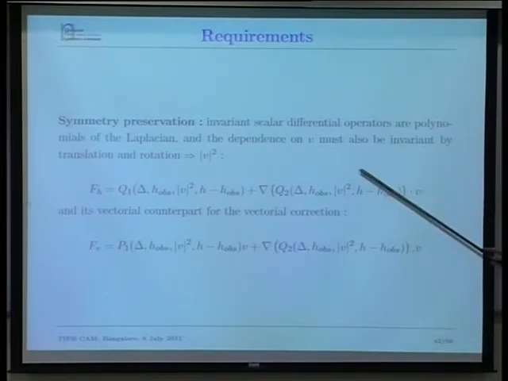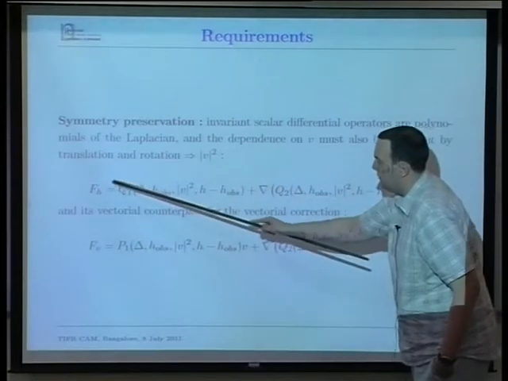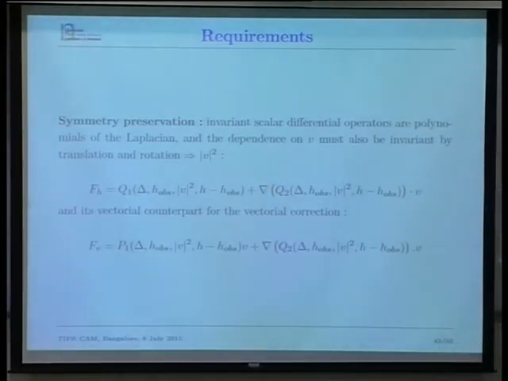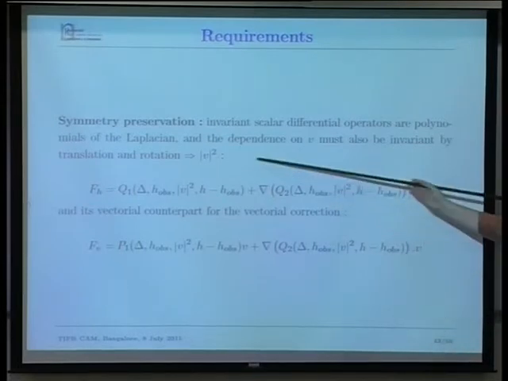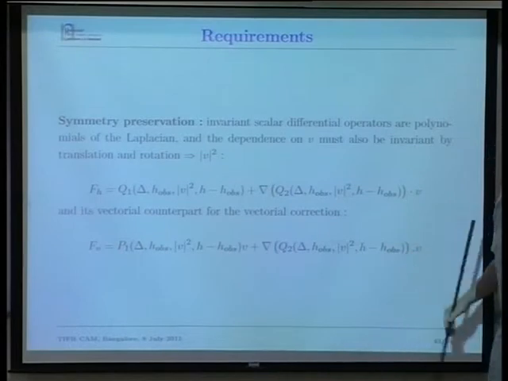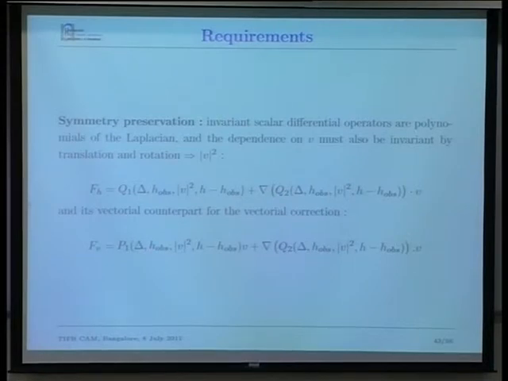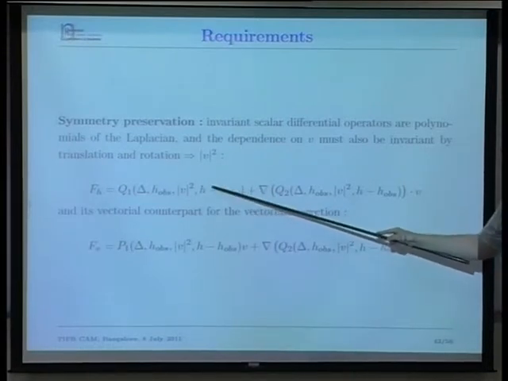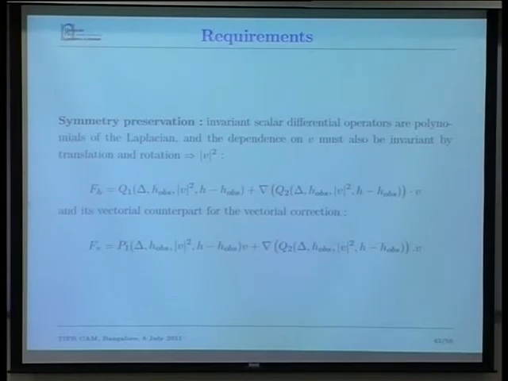So your nudging terms will be functions of the Laplacian. You can use polynomials of Laplacians. Also, the dependence on v should be the norm of v, or the square norm of v. You cannot use only one component of v because it will not be invariant by rotation. And also, the dependence on h will be h minus the observation, because it has to go to 0 when this term is equal to 0.